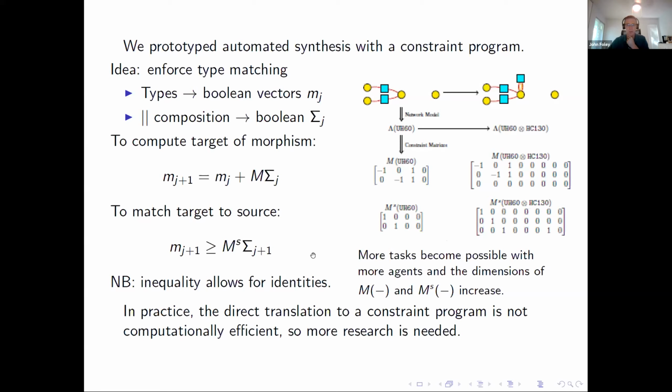So identity morphisms would not be showing up as variables in terms of your primitive morphisms. Anyways, you put this stuff together and you get a constraint program, but of course, it's a very complex problem. And so this is not going to be an effective way to do this in practice. You will be able to get something that you can compute with, but you're not going to be able to push it very far.